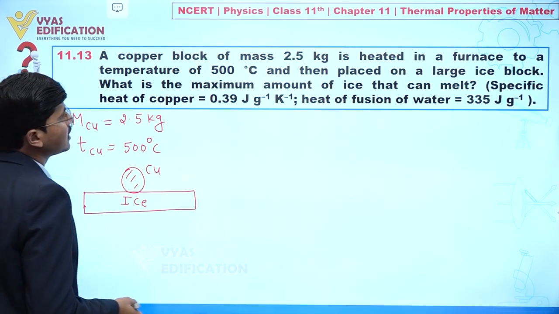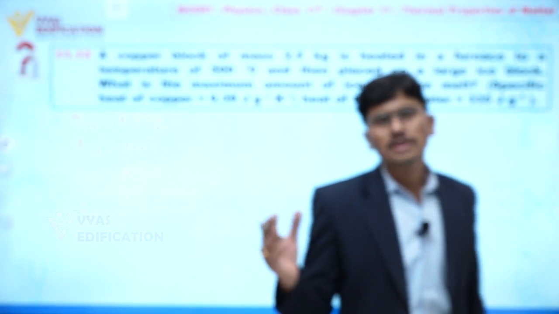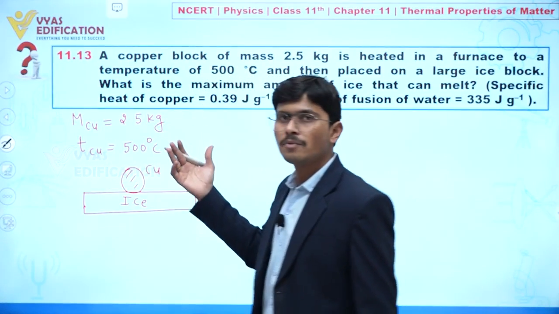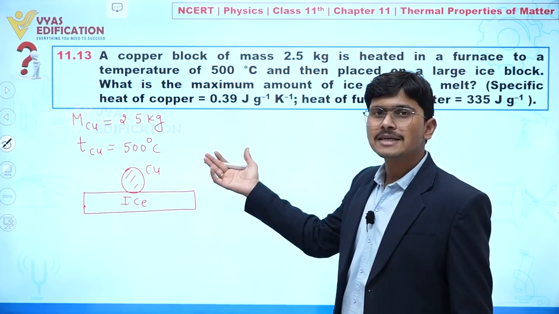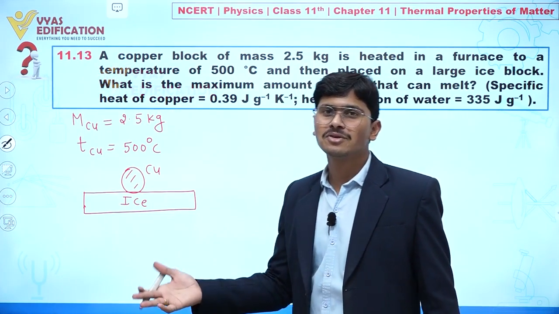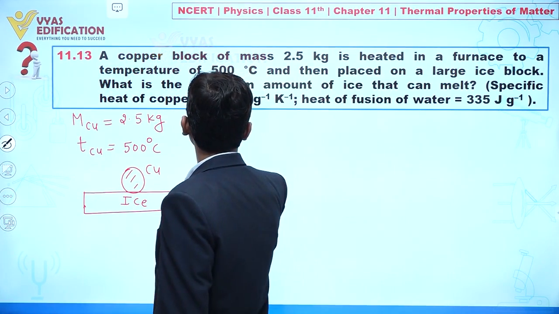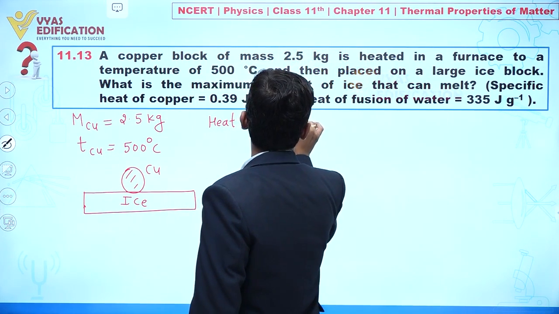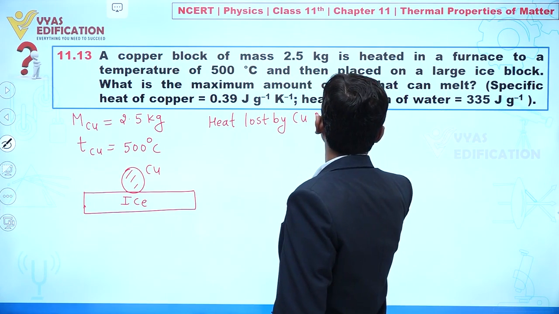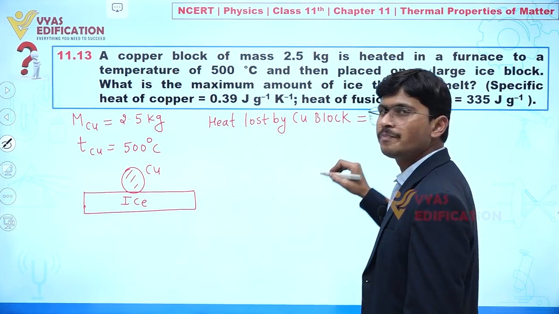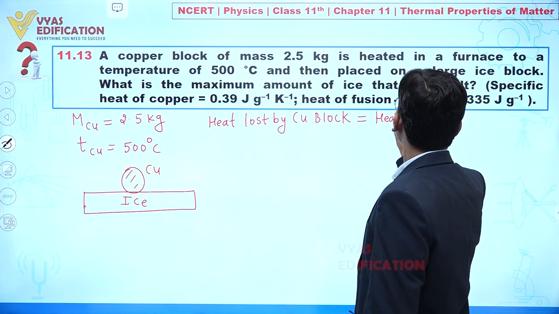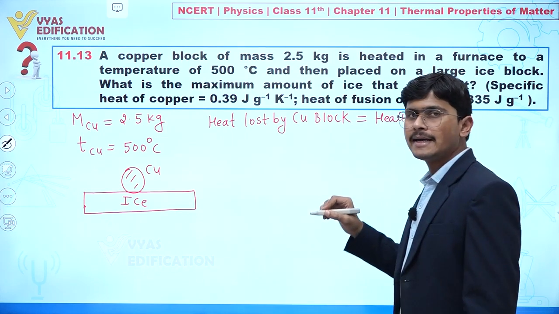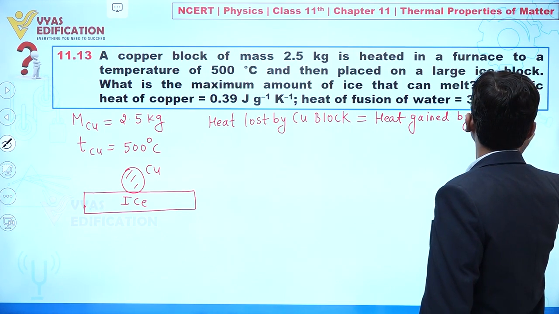So directly you can say, if we assume that all the heat radiated by this copper block is absorbed by ice only, then if we apply this concept, heat lost by copper block should be equal to heat gained by ice.